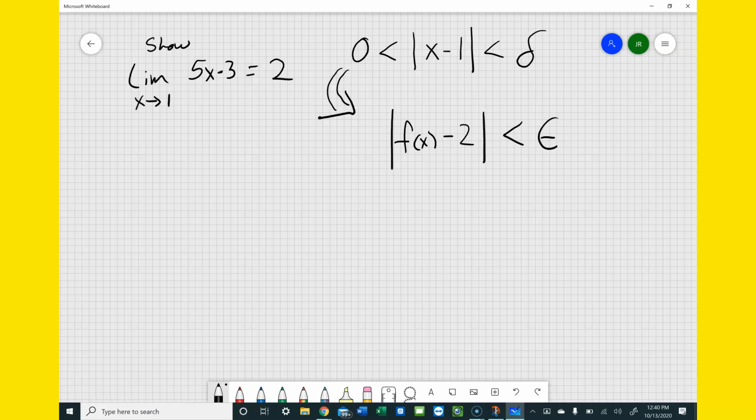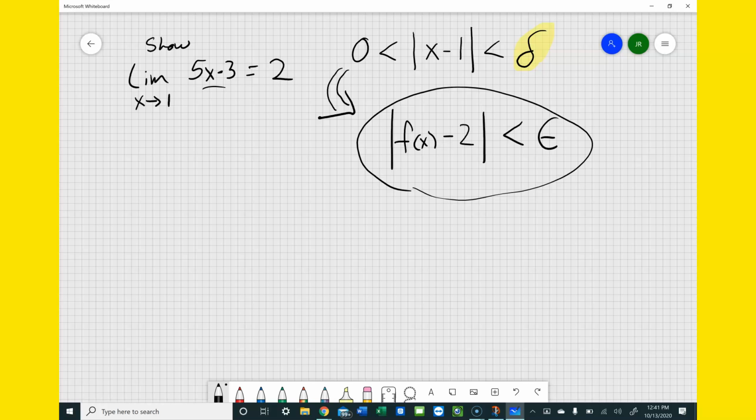All right, let's see if we can make some magic happen here. We're trying to find a delta that makes this happen. We're going to do that by starting here and working back to delta. So what is f of x? f of x is 5x minus 3, right?